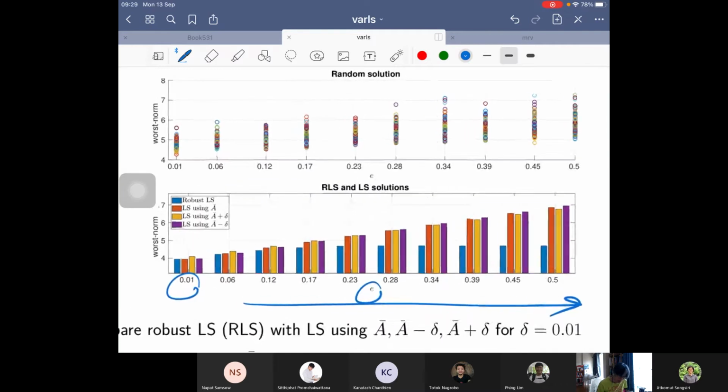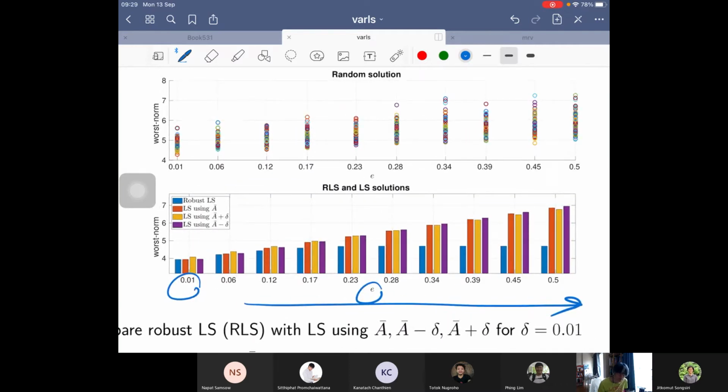As I observe the actual worst norm, we will see that the robust least square, which is the blue bar, tends to be robust to the size of the uncertainty.